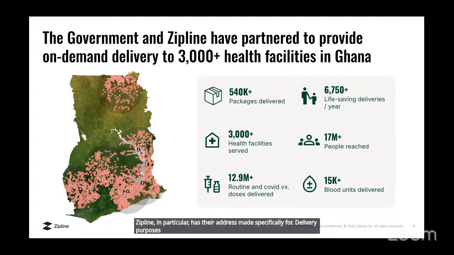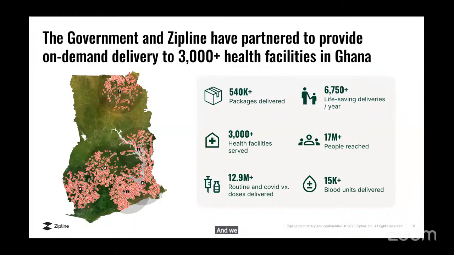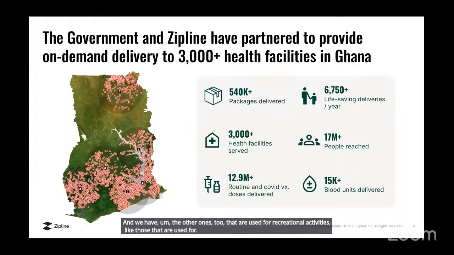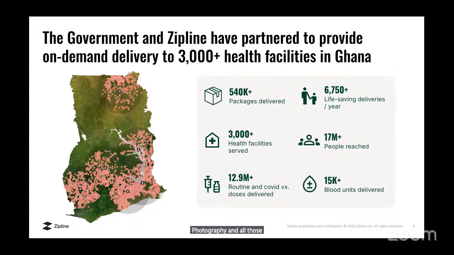Other companies also have drones made for specific use cases. We have some made specifically for agriculture, others for construction and survey, and others used for recreational activities, like photography.